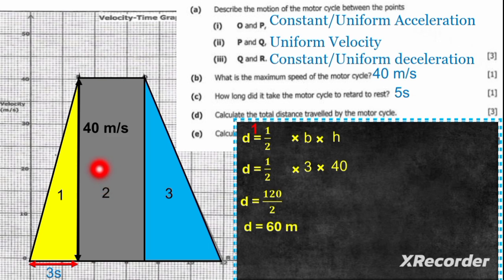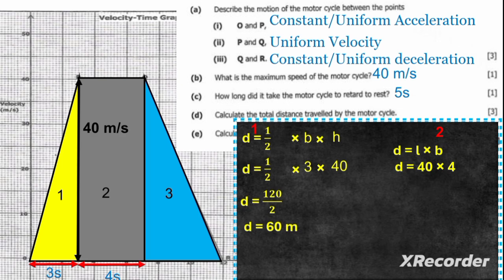So to find the distance covered by this shape, we are also going to find the area of the rectangle. The area of the rectangle is equal to length times breadth. Length is 40, so the one representing length here is 40 meters per second.